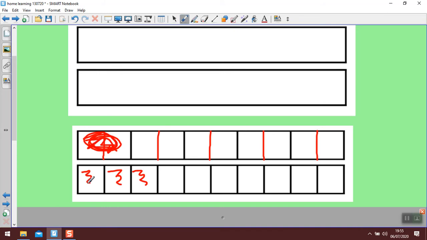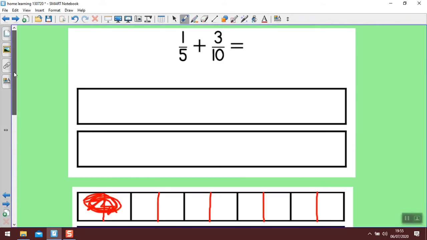So 2/10, add another one is 3/10, add another one is 4/10, add another one is 5/10, which we know is the same as 1/2. So what I had to do with the bar model was split them into the same number in the end, so that we had a common denominator. The denominator had to be the same, and we made it tenths.